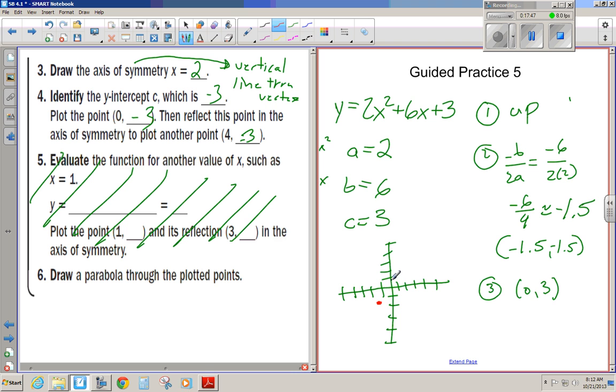Plot the point 0, 3. You know that there's a vertical line coming through here. You know now that this point here gets mirrored over here. And so you get a perfectly nice U shape going through those points. That's your graph.